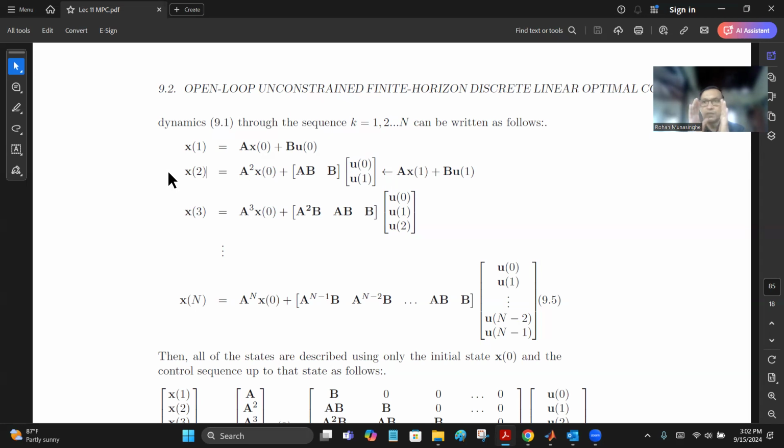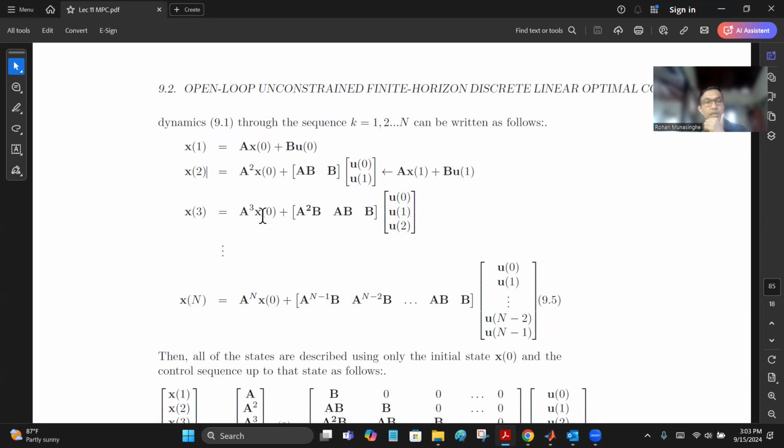So intermediate positions are not required now. All of the intermediate positions can be represented by the initial condition and control signals since that point.